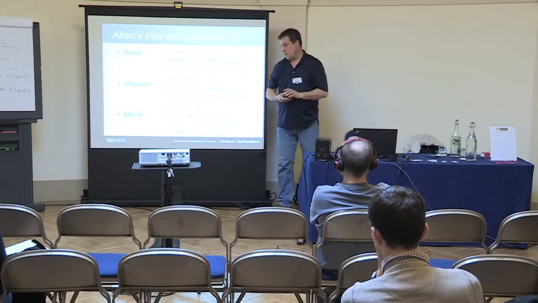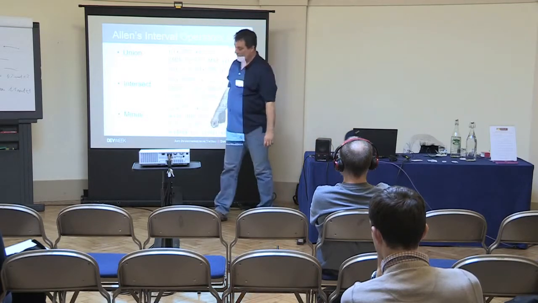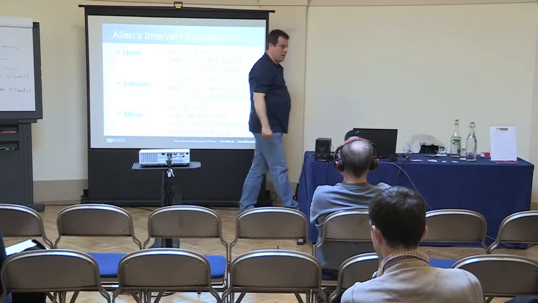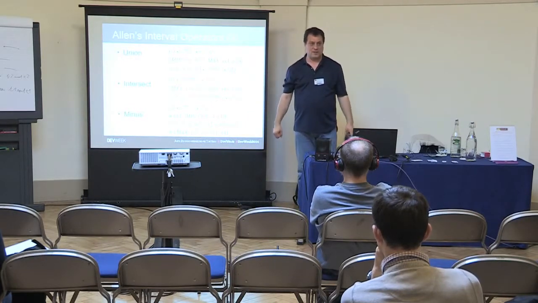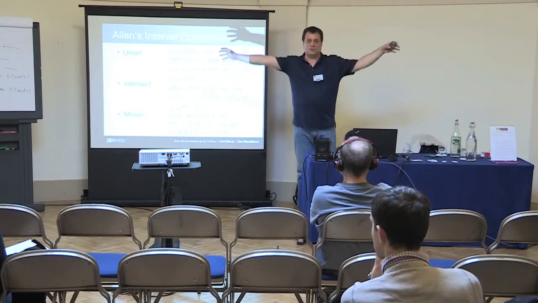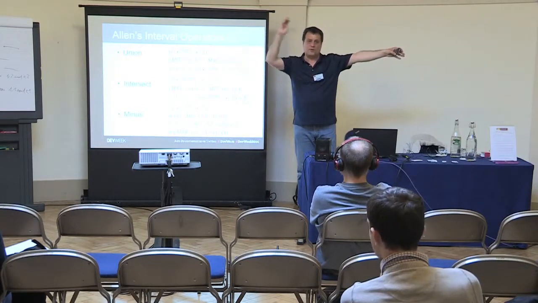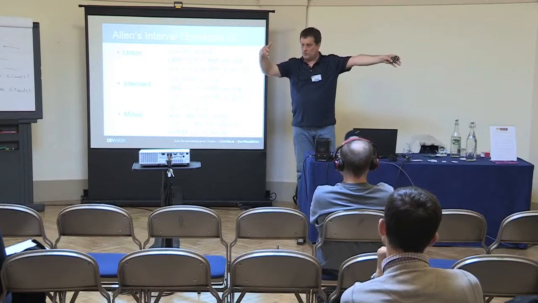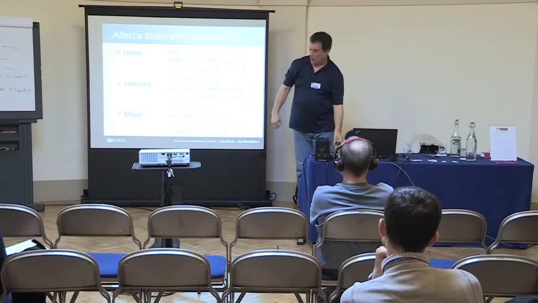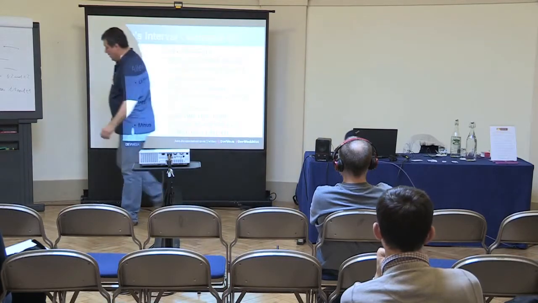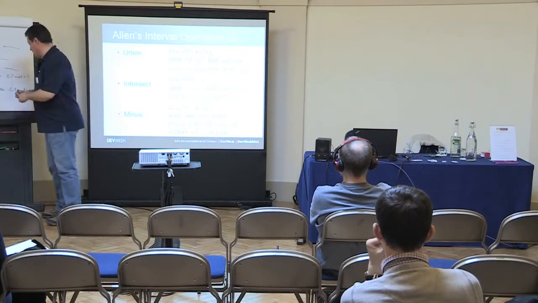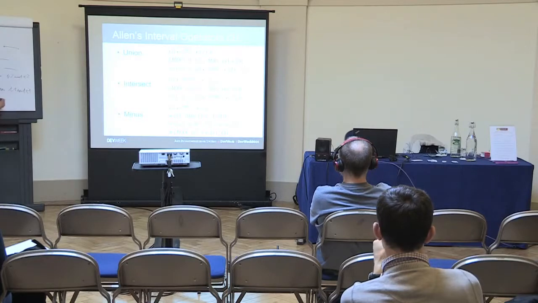Minus is also kind of complex. With minus we have even one more problem. So when does minus make sense? It makes sense if 2 intervals have nothing in common, so first minus second is the full first. However, we have a problem if one interval is included in another, without touching the borders. So in this situation, what does it mean, this interval minus this interval?